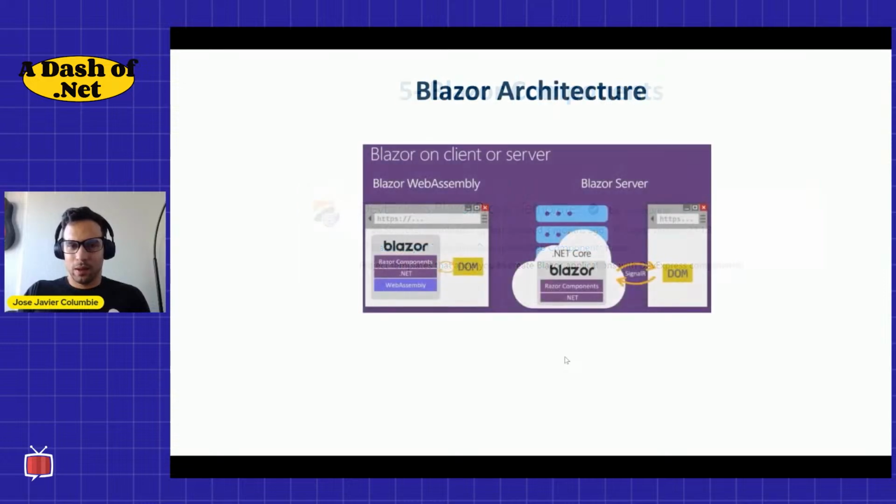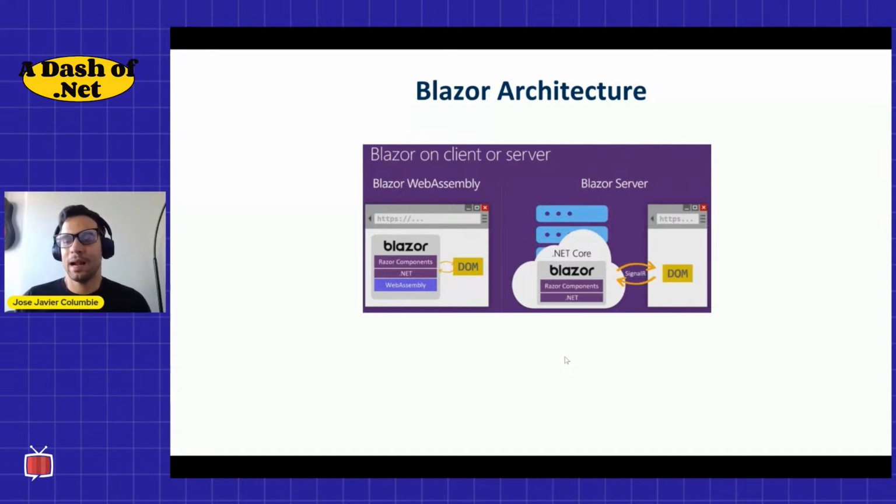And with that one, if we come back to the architecture, sometimes we're going to be using Blazor Server. That is really good when you're doing some type of line-of-business application that you can connect directly, because you have the full runtime of .NET in your server. In Blazor WebAssembly, you are more constrained.